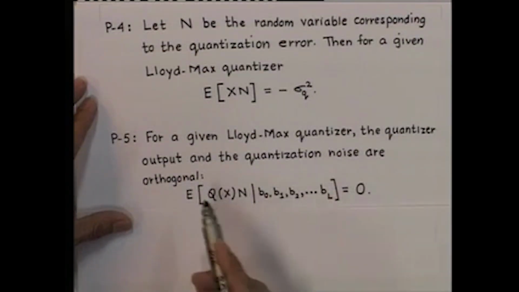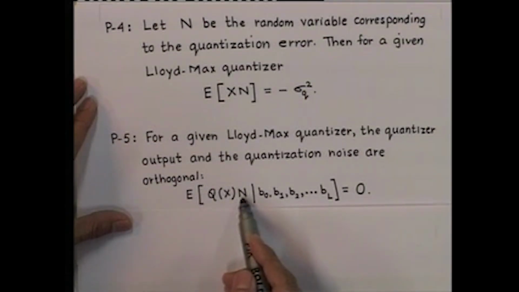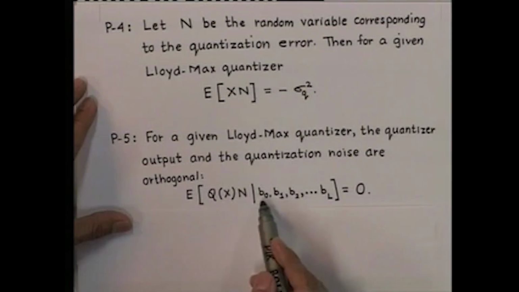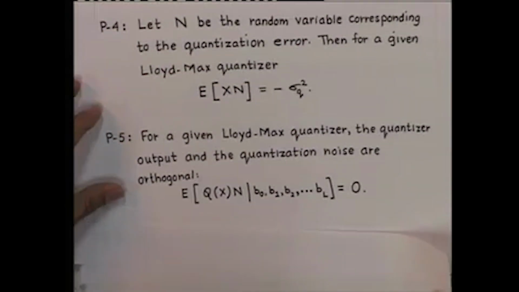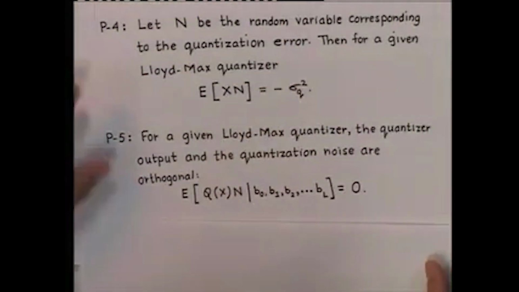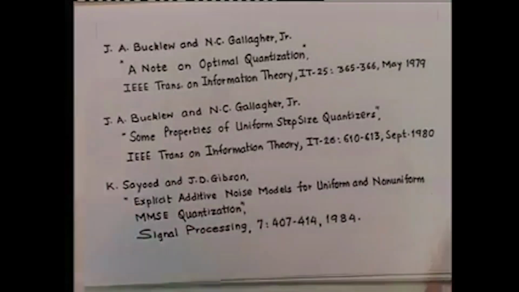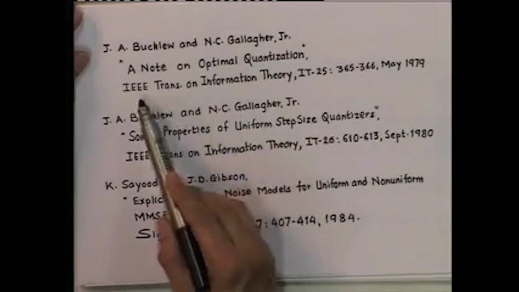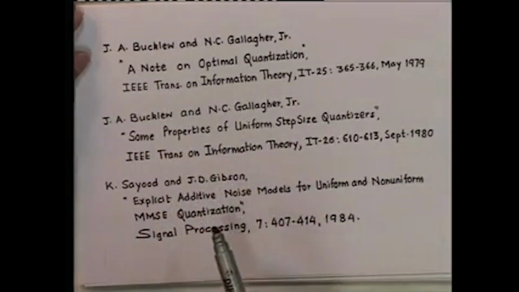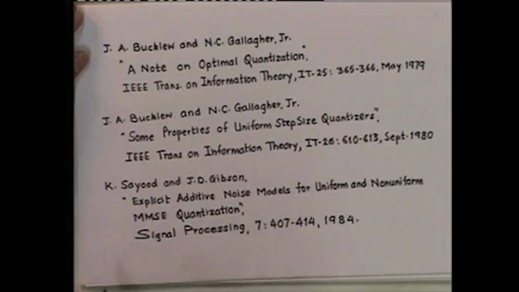What it means is that expectation of the quantizer output and the quantizer noise, given the Lloyd-Max quantizer, that is the decision boundaries, is equal to 0. Now, the proofs for these properties can be found in the following references. The first two references had appeared in IEEE Transactions on Information Theory, and the last reference is in the Eurasip Journal of Signal Processing.